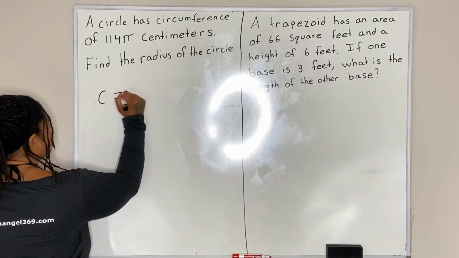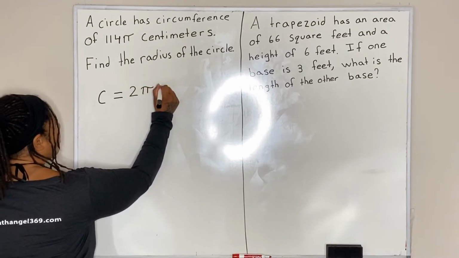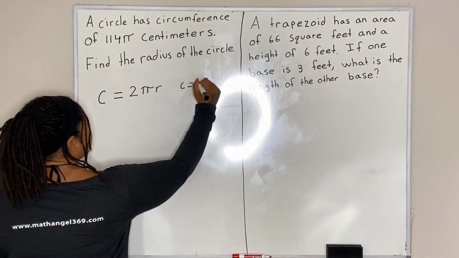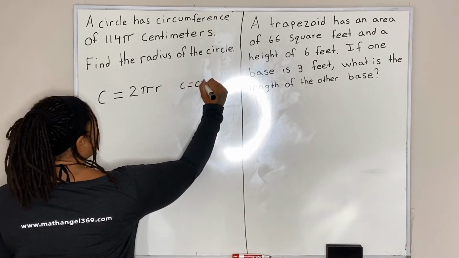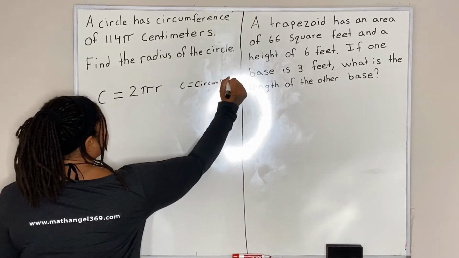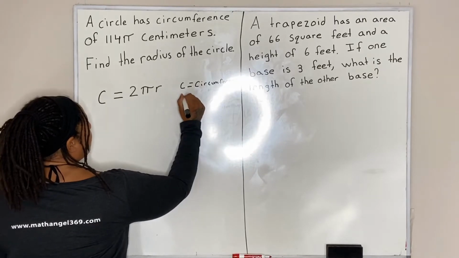Circumference is equal to 2 pi r, where C is the circumference and r is the radius.